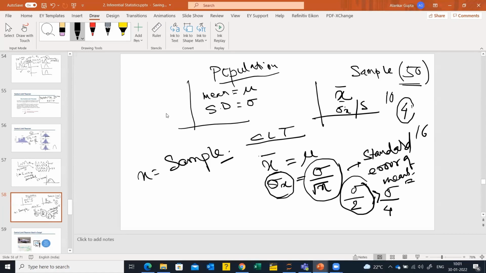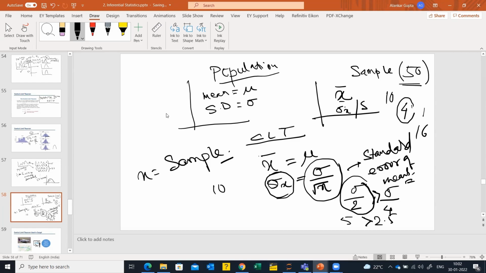For example, if sigma is 10, then 10 by 2 is 5 and 10 by 4 is 2.5. So as the sample size increases, your standard deviation will actually reduce.